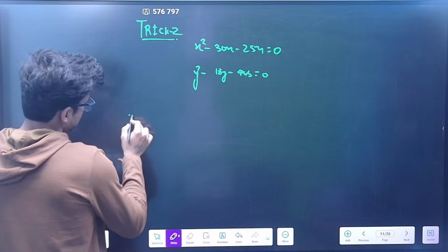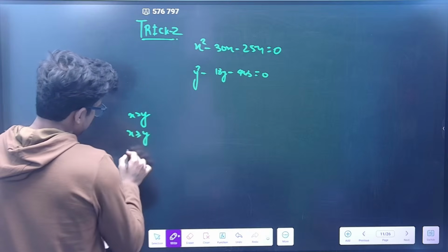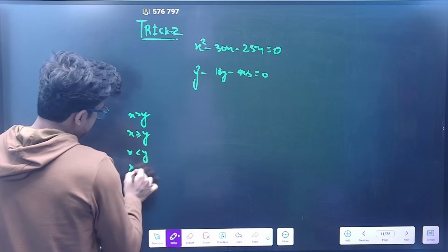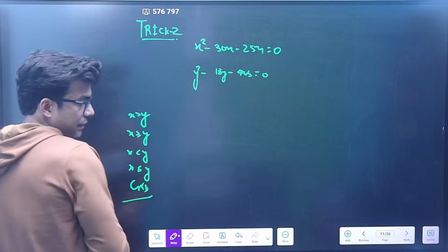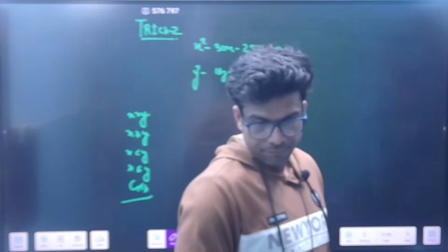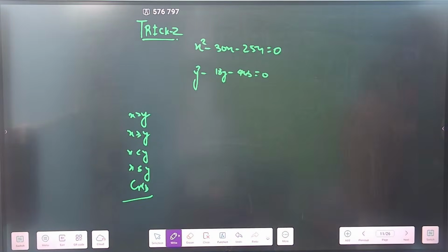Options are x greater than y, x greater than or equal to y, x less than y, x less than or equal to y, and C and D. Try this. Just try how you can answer this question.